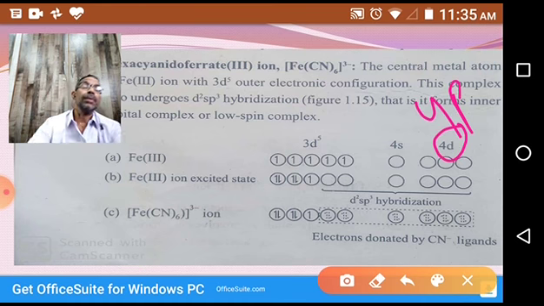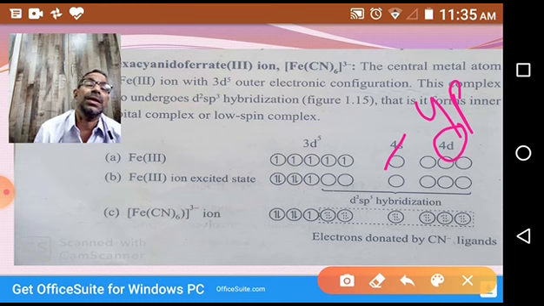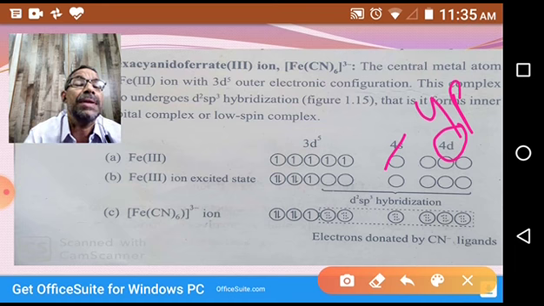Then what happens? In the +3 state, it has to lose 3 electrons, 2 4s electrons and 1 d electron. By losing these electrons, iron in +3 state has the 3d5, 4s0, 4p0 electronic configuration.